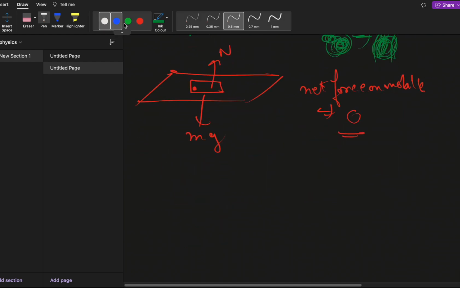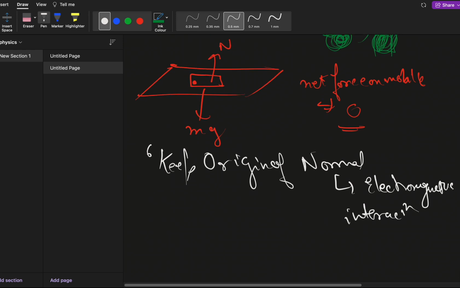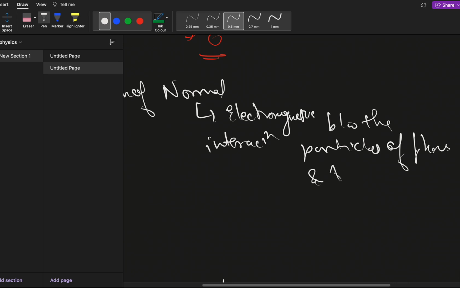But keep in mind the origin of the normal force: it arises from the electromagnetic interaction between the particles of the foam and the table.